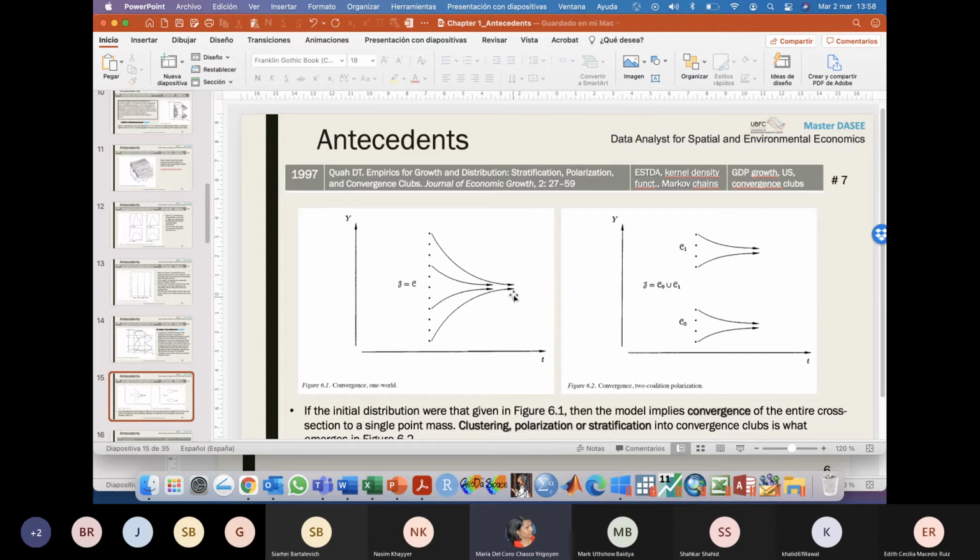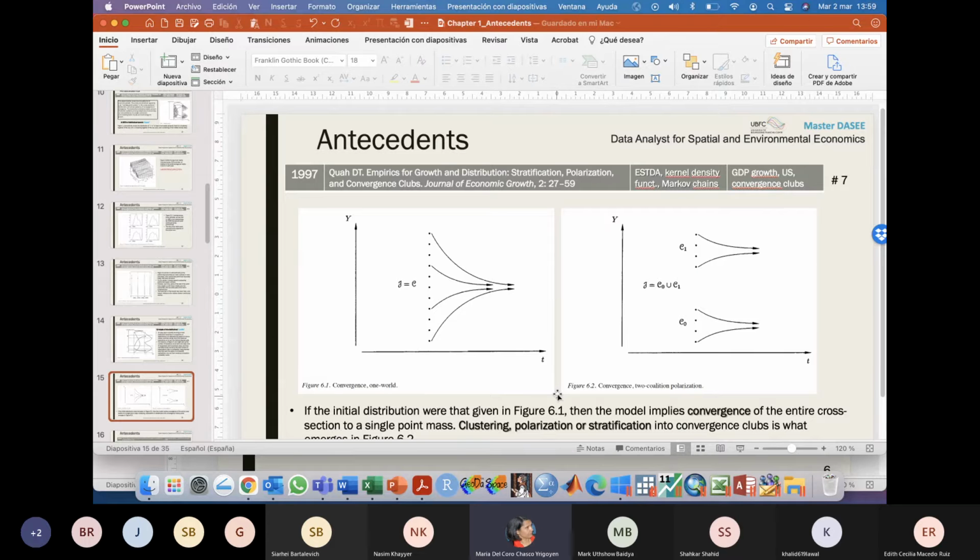So we have one world going to a steady state, to the same point of average income. But the representation on the right-hand side of the slide means clustering. So clustering, polarization, stratification of the world's countries into, in this case, two convergence clubs. As I said, the poorer here in the lower part, and the richer in the upper part of the chart.